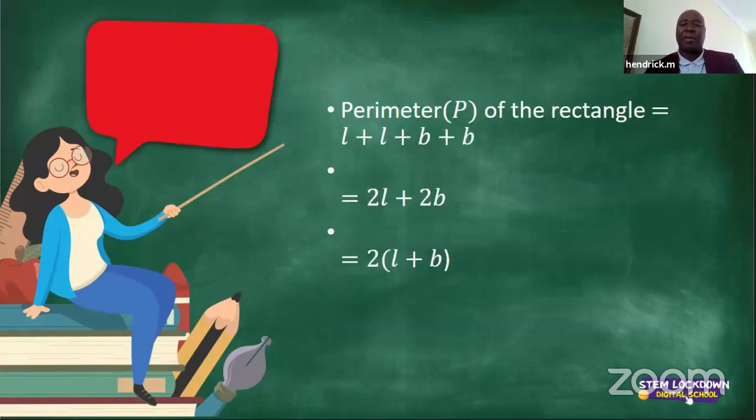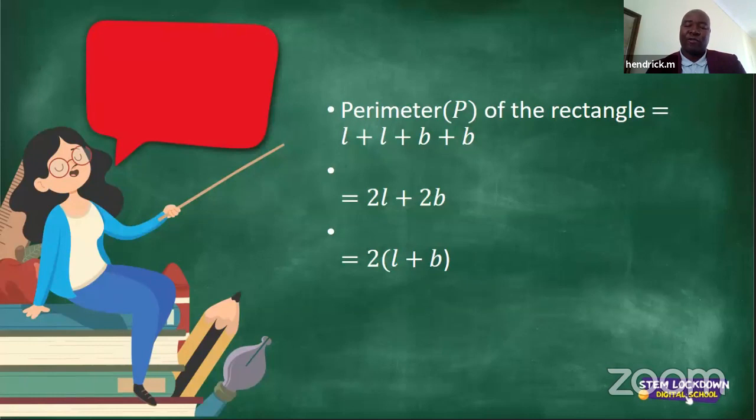The perimeter of a rectangle is given by the formula L plus L plus B plus B. Basically, you need to add all the sides together, and this will give you the perimeter of a rectangle.